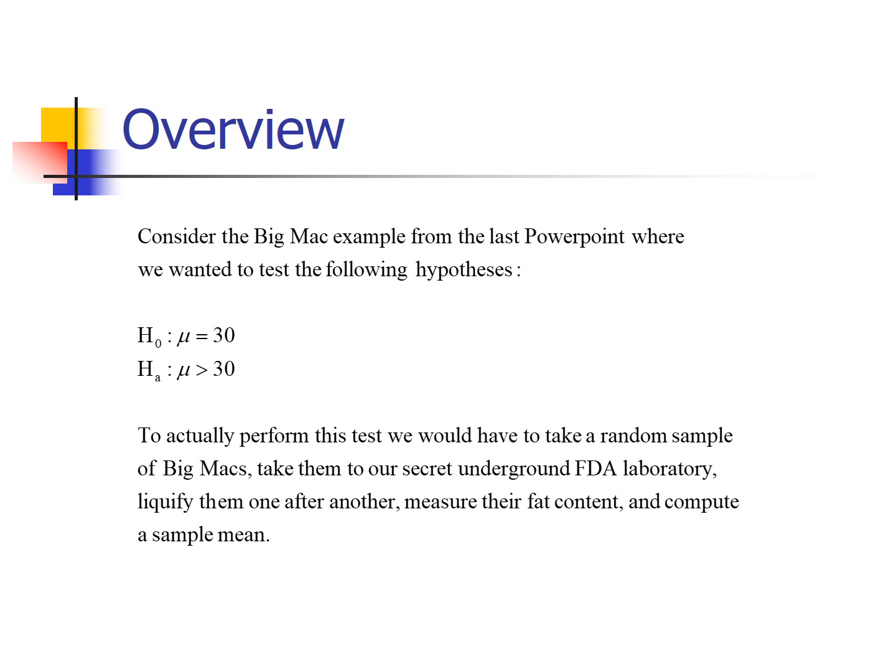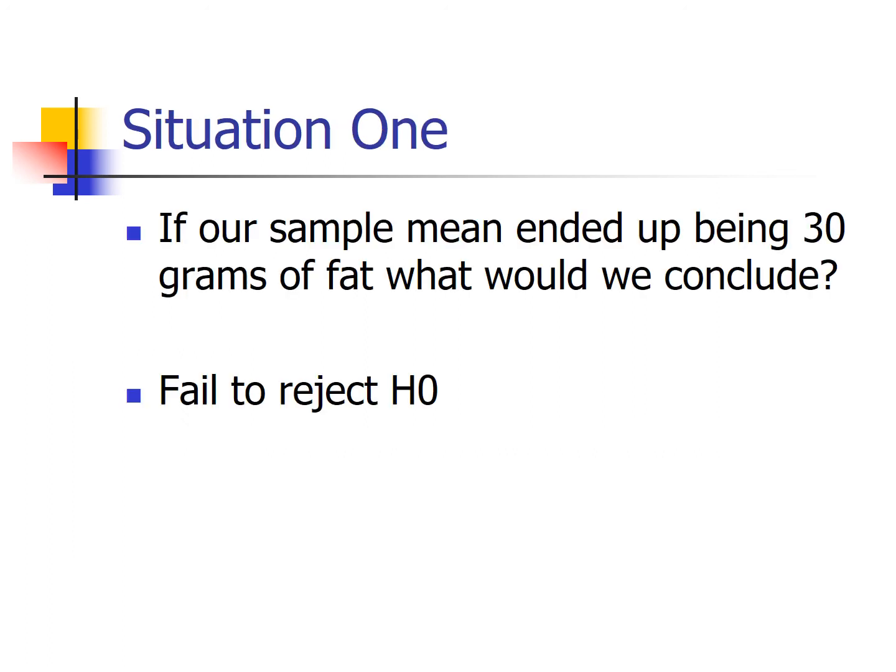Now, let's look at 2 possible scenarios. If our sample mean, this is situation 1, if our sample mean ended up being 30 grams of fat, what would we ultimately conclude? Well, to be honest, there's no other outcome that could more strongly support the null hypothesis, agreed?